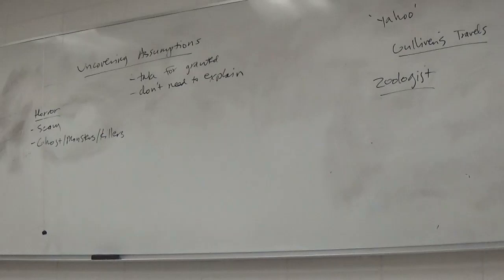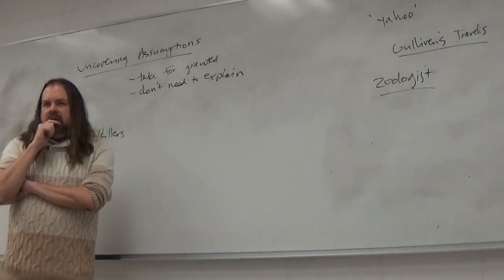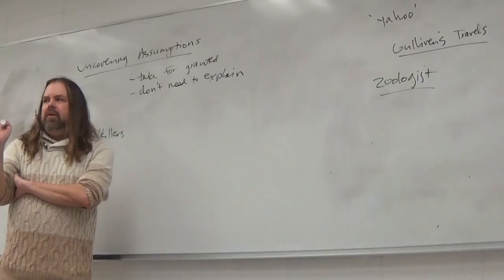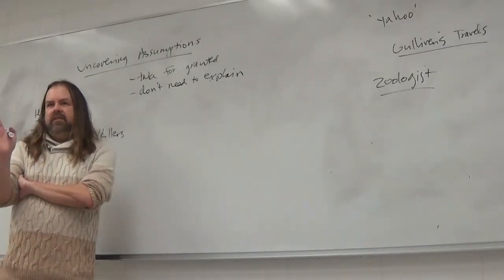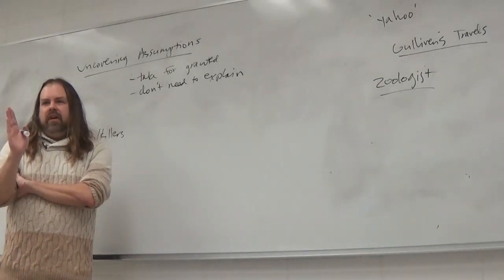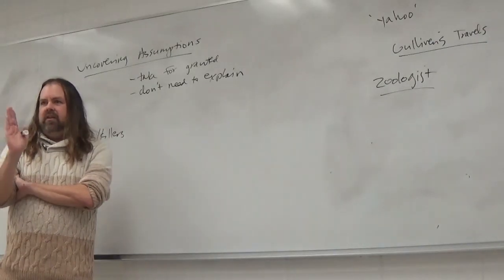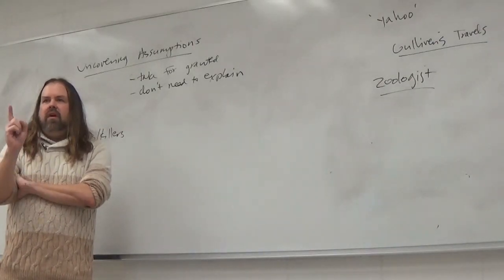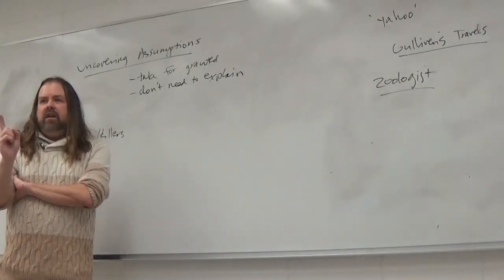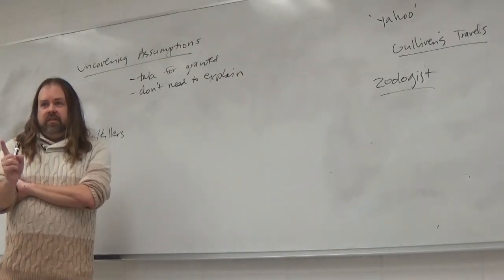Are there other expectations that we have of horror movies? Is there a typical kind of horror movie plot? Okay, what does a horror movie plot usually look like? For one thing, who are our usual heroes or perspective characters?